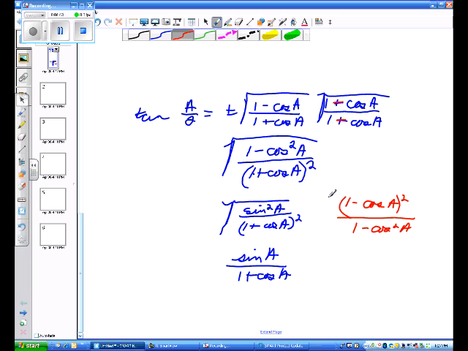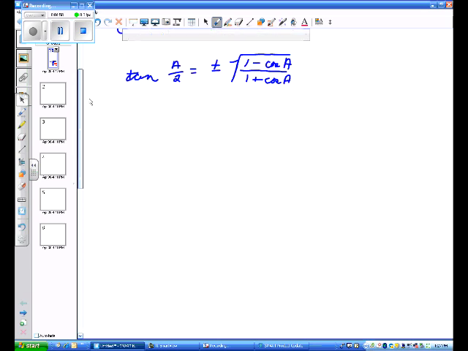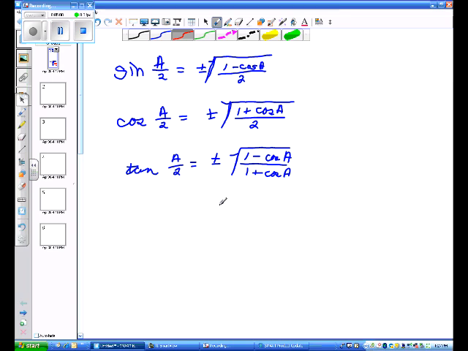And so when we take the square root of this, we're going to have 1 minus cosine A over, and that's sine squared, so the square root would be the sine of A. So this gives us two variations for our tangent formula where we don't have to deal with the radical.